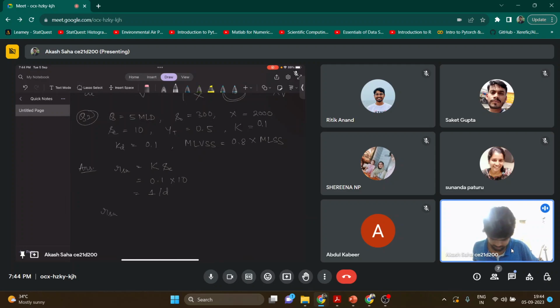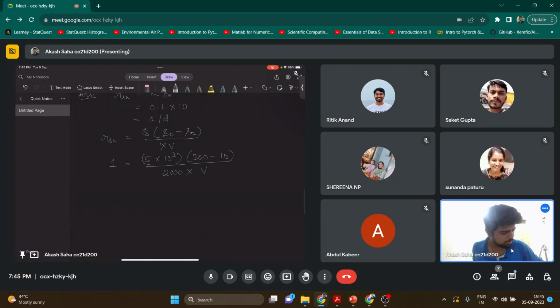Again, we know RSU is equal to Q (S naught minus Se) by X into V. So it will become 1 is equal to 5 into 10 to the power 3, because it is given in terms of million liters per day, into (300 minus 10) divided by my biomass concentration 2000 into V.